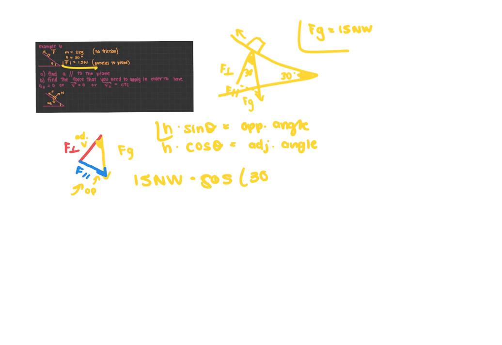Sorry, times sine, because sine is what's going to give us the opposite angle, times sine of 30 equals 7.5 newtons. And this is FA, the parallel force. So that is our answer to number 1.